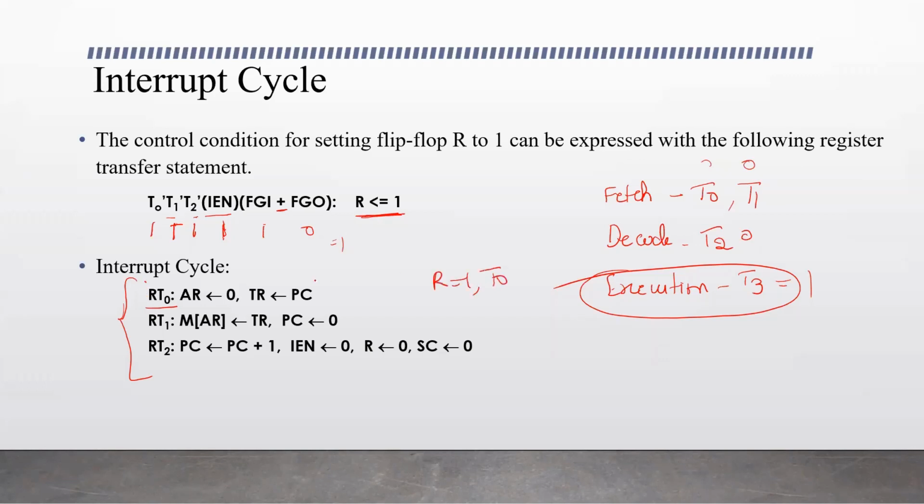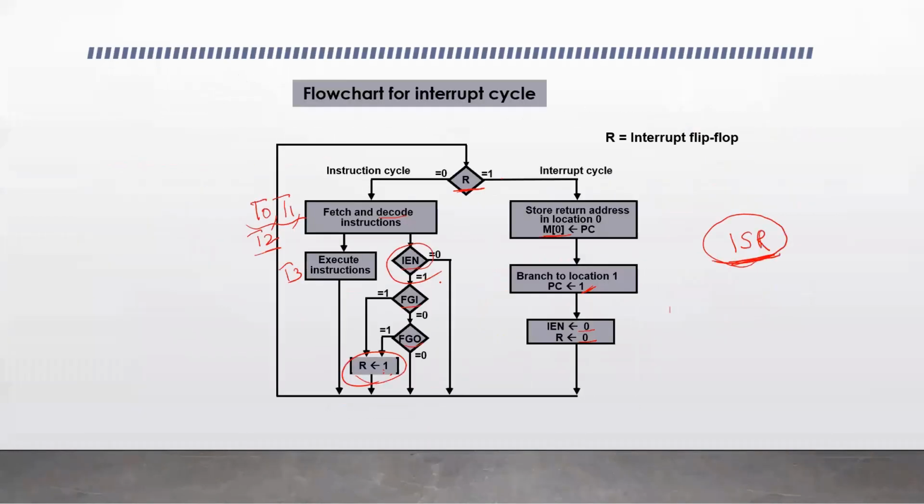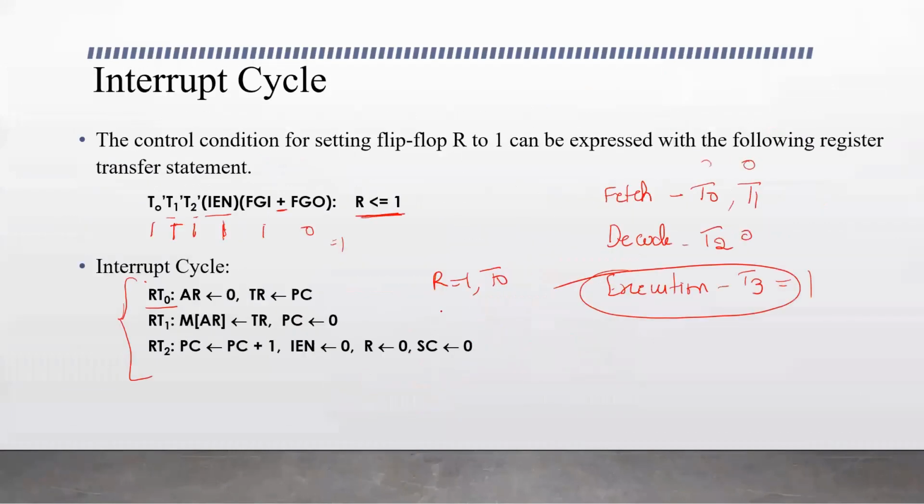At time T0, the first micro operation is done. The micro operation is AR is set to 0. The content of PC needs to be transmitted to memory address 0. What is the first instruction here? The content of PC needs to be transmitted to memory address 0, so to denote that, we are setting AR to 0.